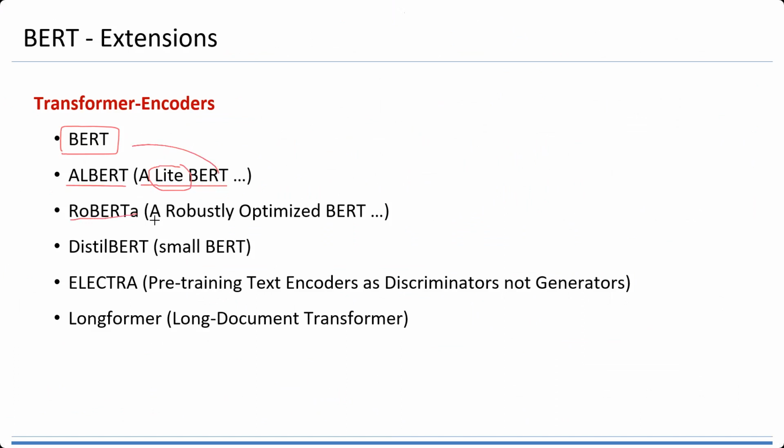RoBERTa is a robustly optimized BERT. DistilBERT is a small BERT, similar to light BERT but smaller. ELECTRA is pre-training text encoders as discriminators, not generators. And Longformer is a long document transformer. Those are the variants of BERT.